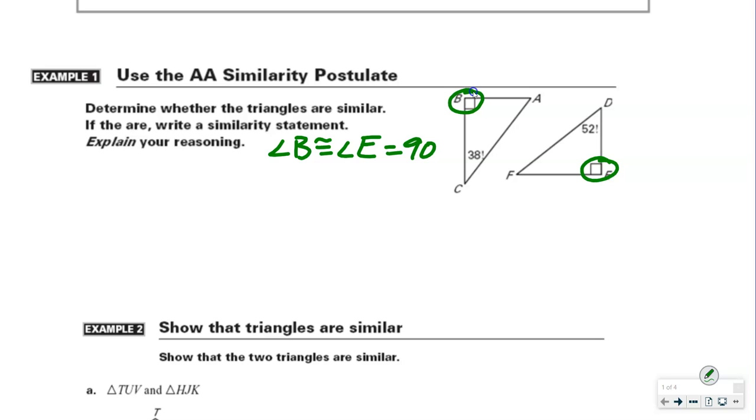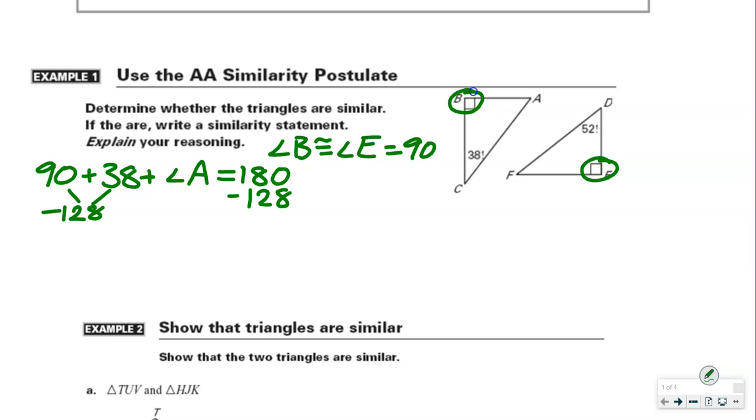So if I look at my triangle on the left, I would take 90 plus 38 plus angle A, which is what we're trying to find, equals 180. Then subtract 90 and subtract 38, which is 128, from 180.